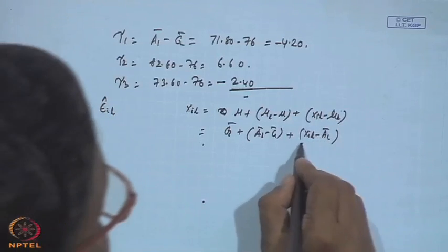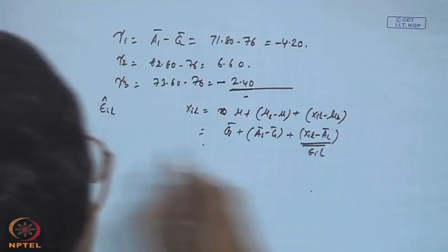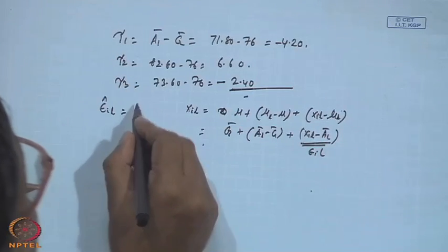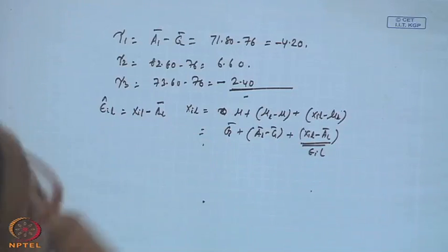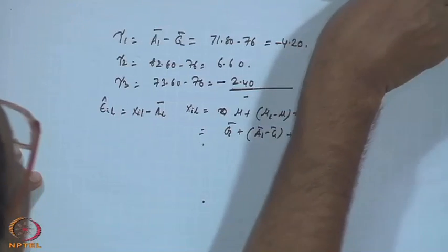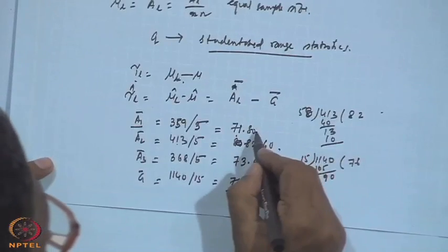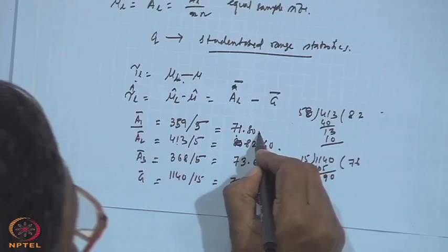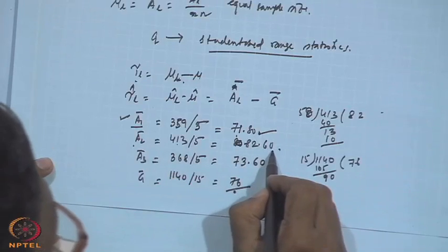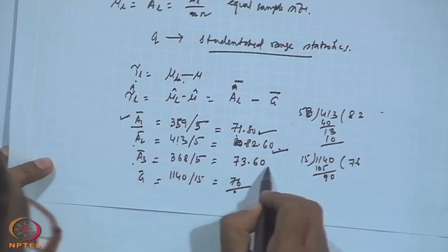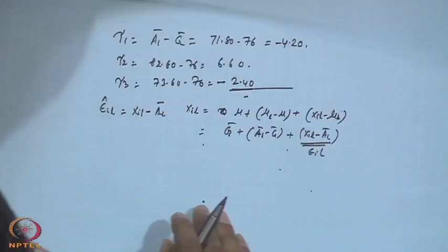So that means this one is our epsilon_il. So epsilon_il is each of the values minus A_l bar. Now see, you have already computed A_l bar: 71.80 for A1, for A2 it is 82.6, and A3 also has its bar value.